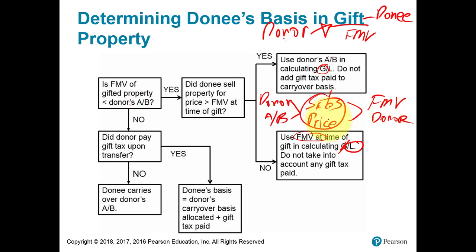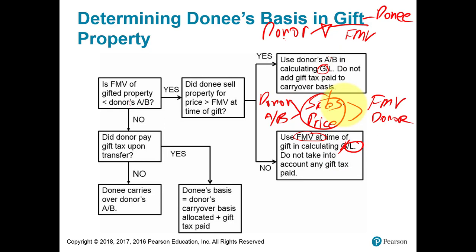So if your sales price falls within this range and the donee sells it, no gain or loss to the donee. Here, if the sales price is bigger than the donor's basis, then gain using this old basis over here. Here, decrease in value, decrease in value. You're going to use the fair market value at the time of the gift to get a smaller loss over here. Okay, so gain, loss, no gain or loss.